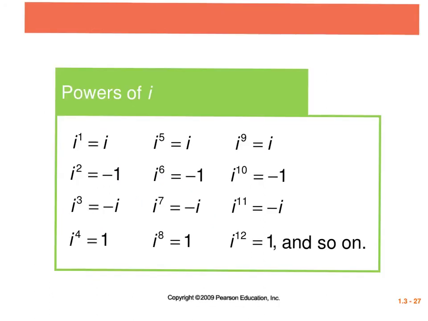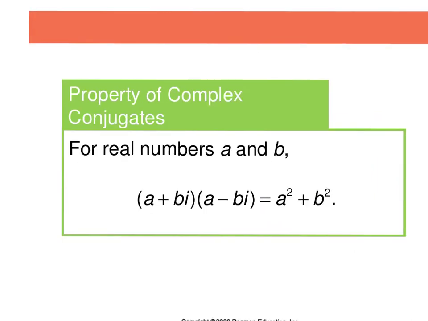The powers of i can be simplified as follows. i to the first power is i, i squared is negative 1, i cubed is negative i, and i to the fourth is 1. And then it starts over: i, negative 1, negative i, and so on and so forth infinitely. I want to mention the property of complex conjugates.